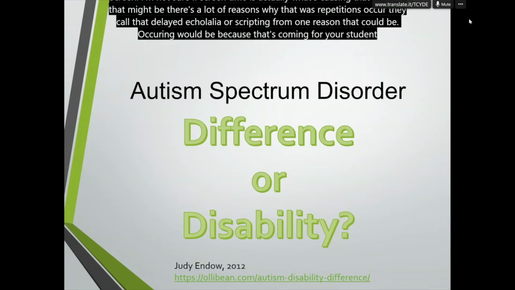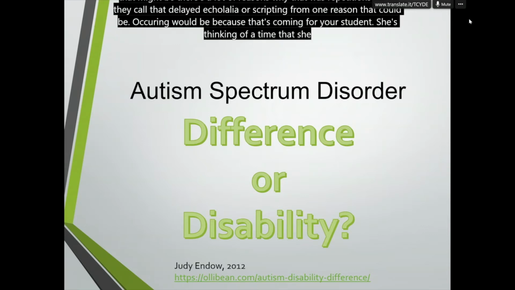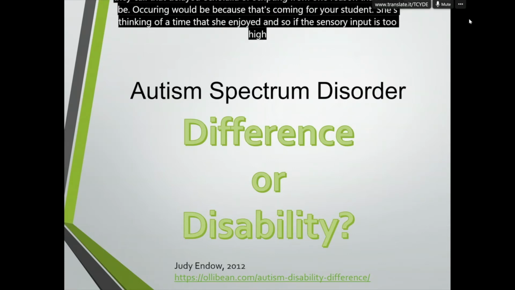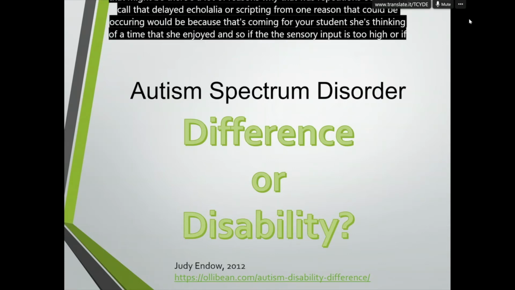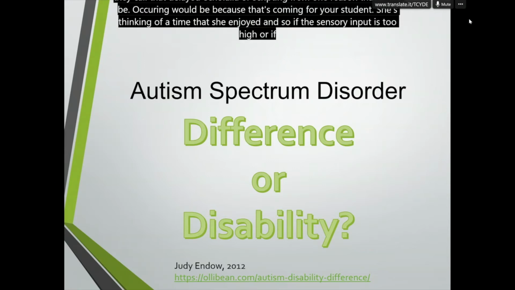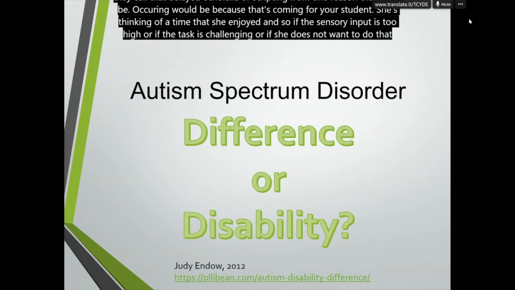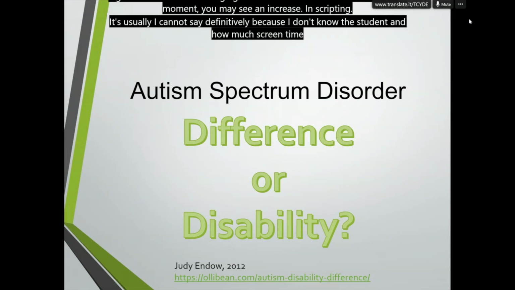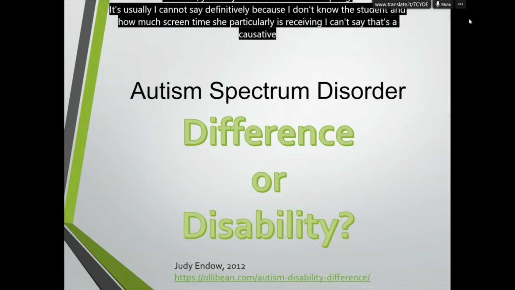She's thinking of a time that she enjoyed, and so if the sensory input is too high, or if the task is challenging, or if she doesn't want to do that at that moment, you may see an increase in scripting. I can't say definitively because I don't know the student and how much screen time she is receiving. I can't say that that's a causative relationship. It may be other factors that are involved.